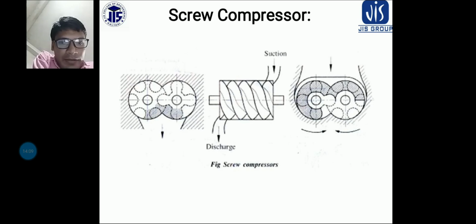Okay, the male rotor, you can see here in this part.